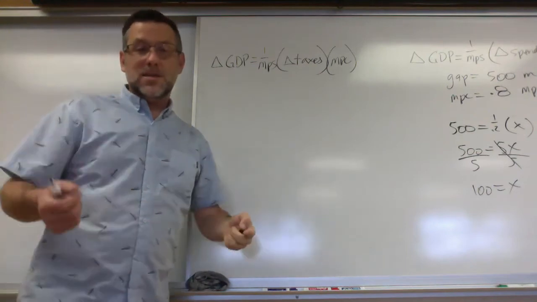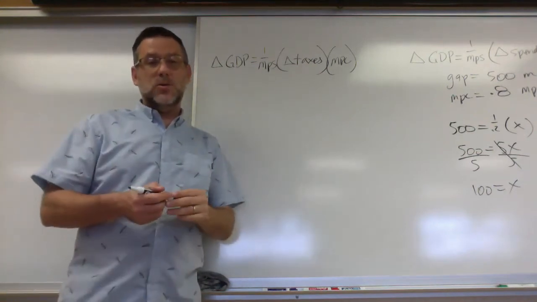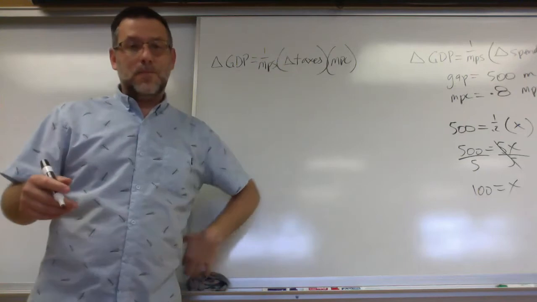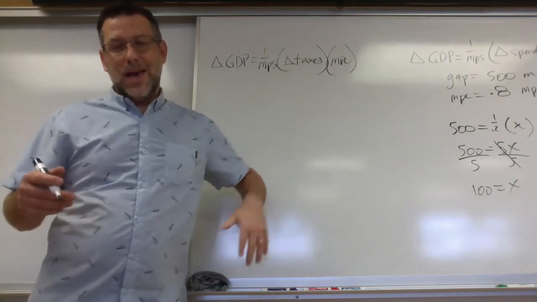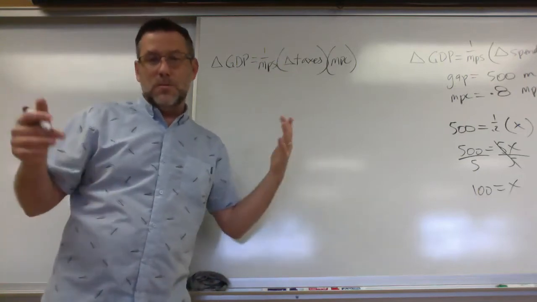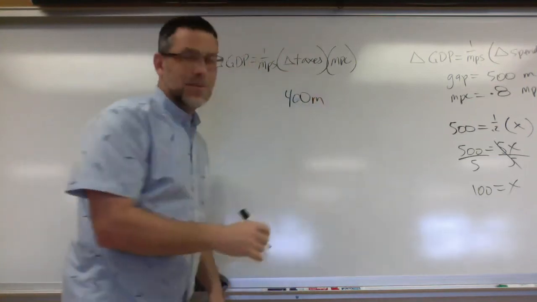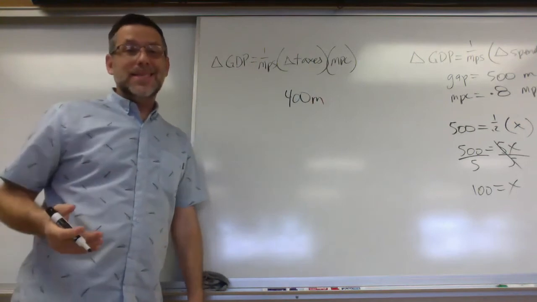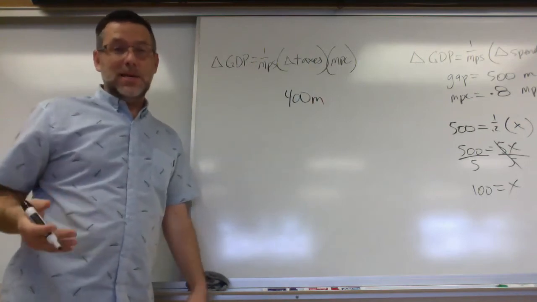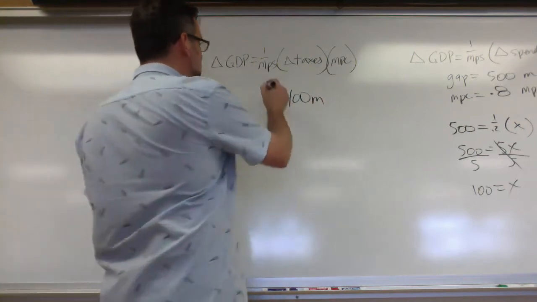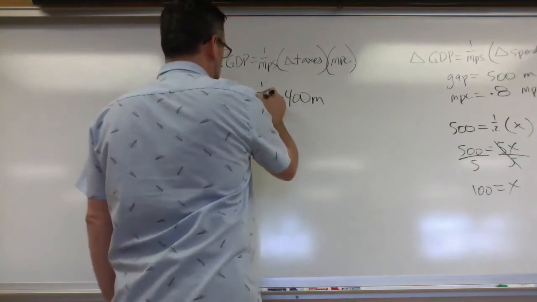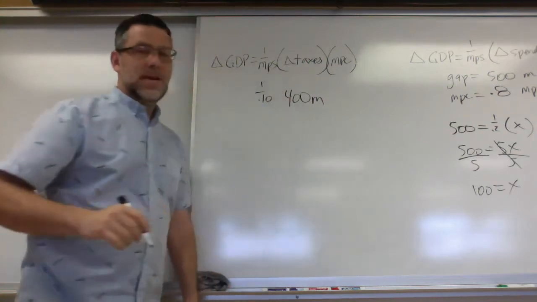So for instance, let's say that the government wanted to do a, I don't know, we could say $400 million tax cut. So there's my tax cut. And then let's say that the MPS is 0.1, right? So people save 10% of their money.